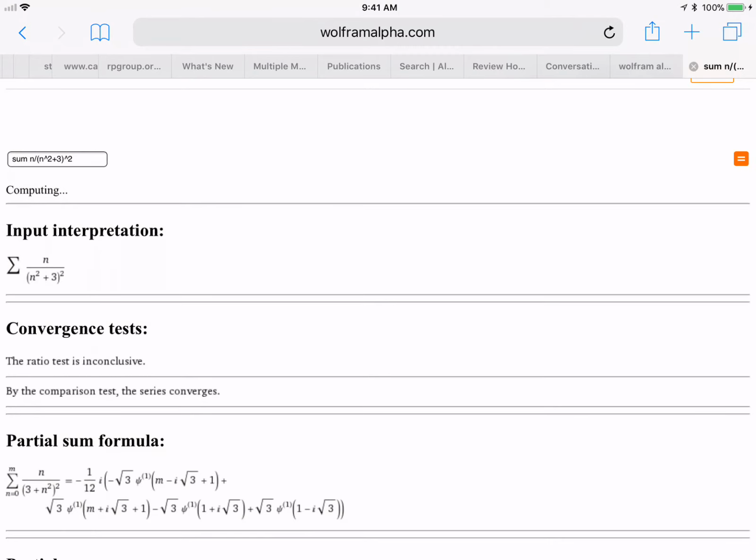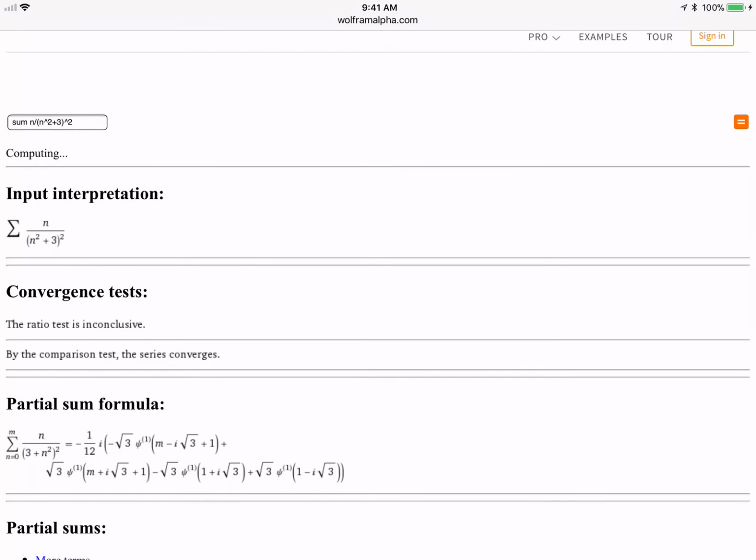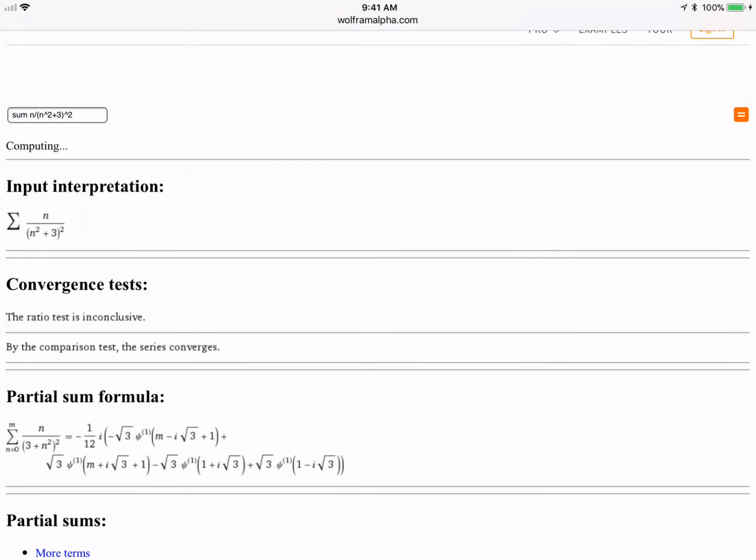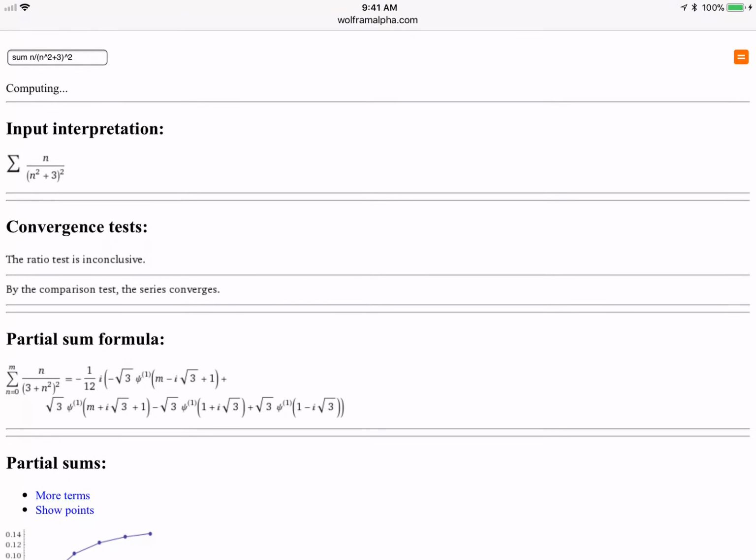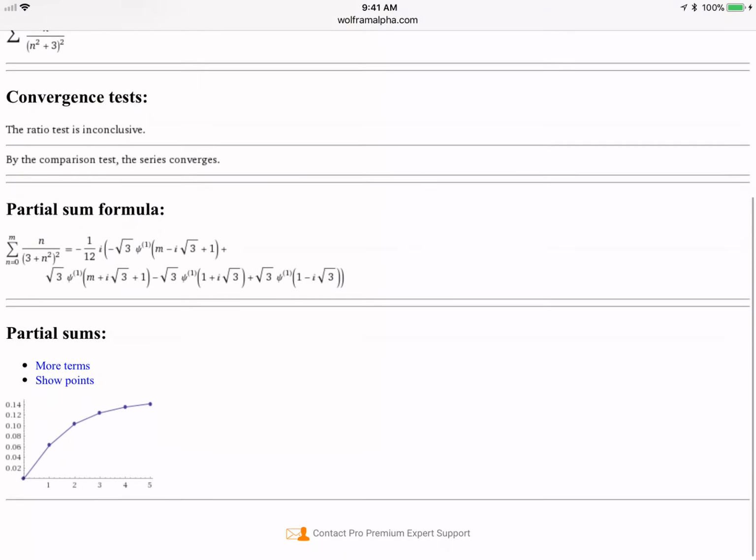Here are the results. The input interpretation shows me what I input, and this is correct. It's already telling me about the convergence test. We'll learn about the ratio test a little later, but notice it says by the comparison test, the series converges. Wolfram Alpha is using a comparison test.